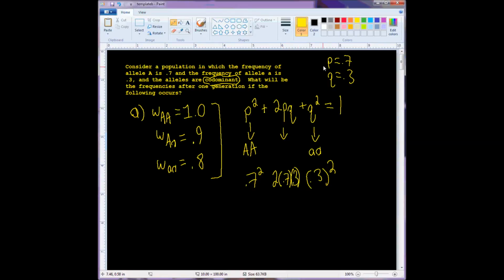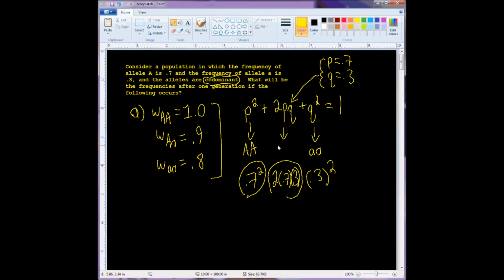Where are these numbers coming from? They're coming from the question. The frequency of the big A allele is p equals 0.7, and it's 0.3 for q.